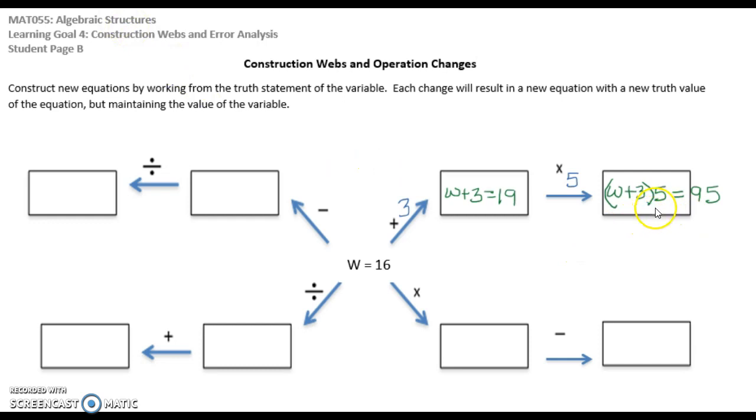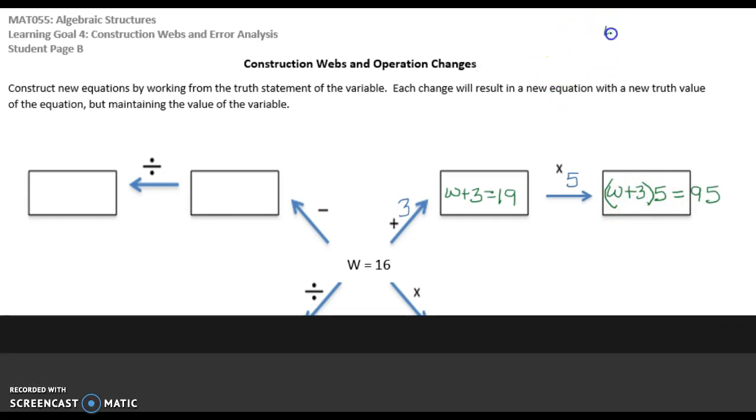Now, some of you might be uncomfortable with the fact that the 5 is after the parentheses, but it really doesn't make any difference because, again, multiplication is commutative, so you can move it either direction. Again, 4 times 3 is the same thing as 3 times 4.